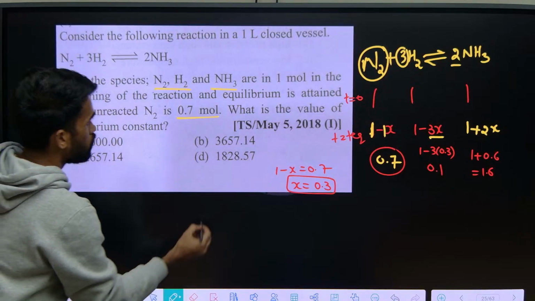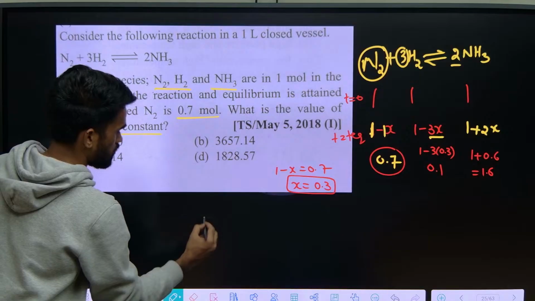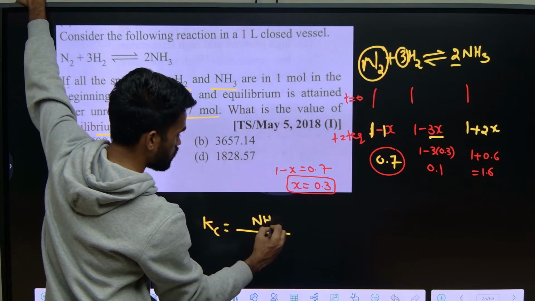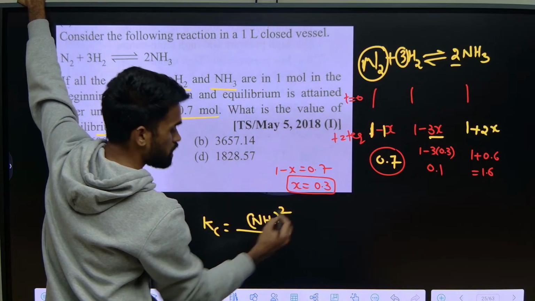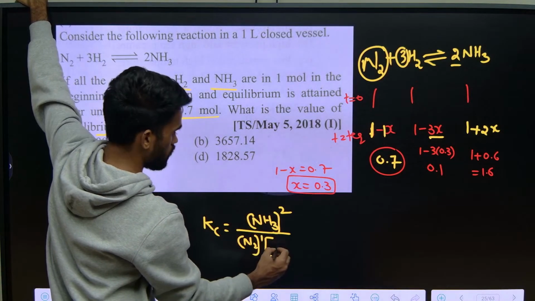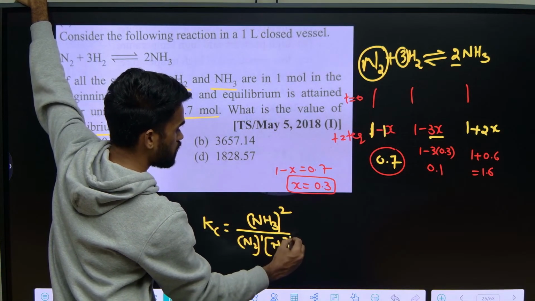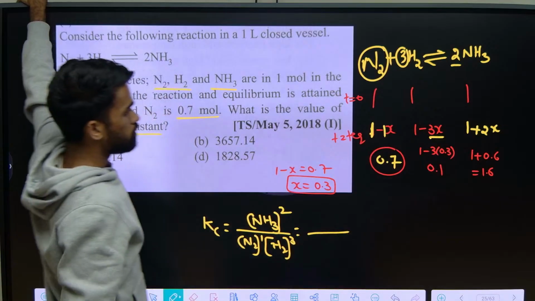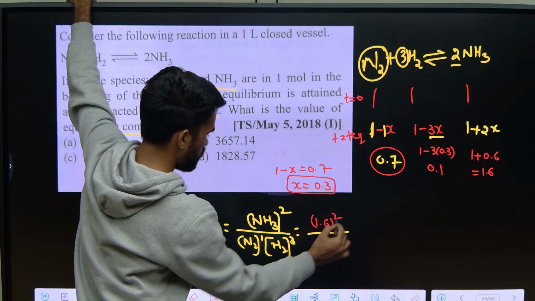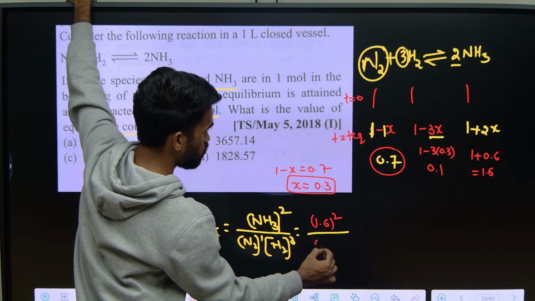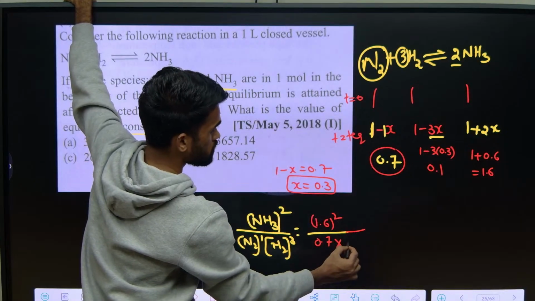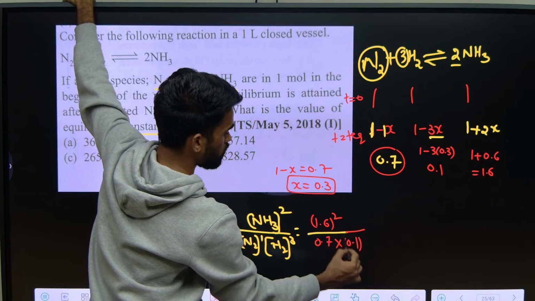So now what is the value of the equilibrium constant? Kc is nothing but the ammonia concentration to the power of its stoichiometric coefficient, N2 to the power of its stoichiometric coefficient, H2 concentration to the power of its stoichiometric coefficient. Here it is 1.6 squared, and here N2 is 0.7 and H2 is 0.1 to the power 3.